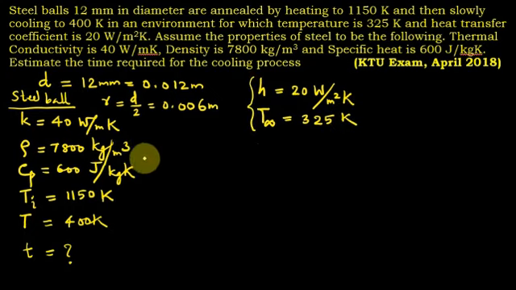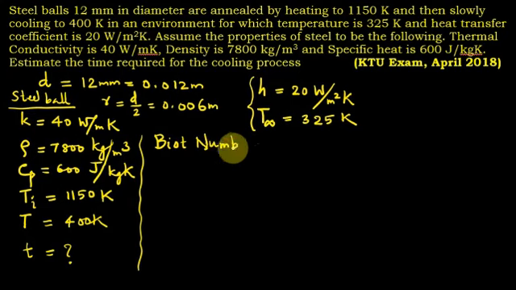So as I told you in the last class, in this kind of problem, we will first calculate the Biot number, and then we will decide. Looking at the dimensions, we have a reasonable chance to get lumped system heat transfer, because this is a small diameter, thermal conductivity is reasonably high, and the convective heat transfer coefficient is not very high.